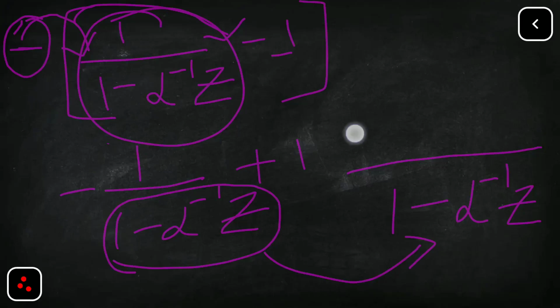So that is, you get this minus 1 minus alpha to the power of minus 1 into z, and if you multiply that one to this, you get 1 itself. So here there is nothing, here it is 1.